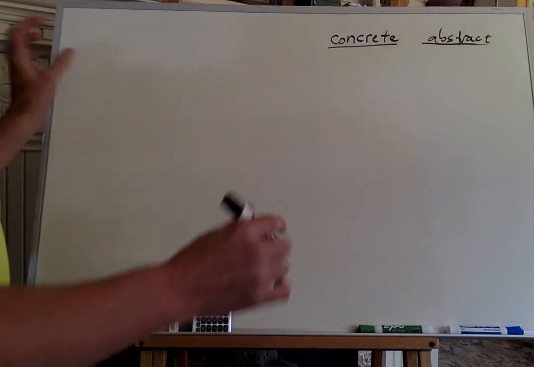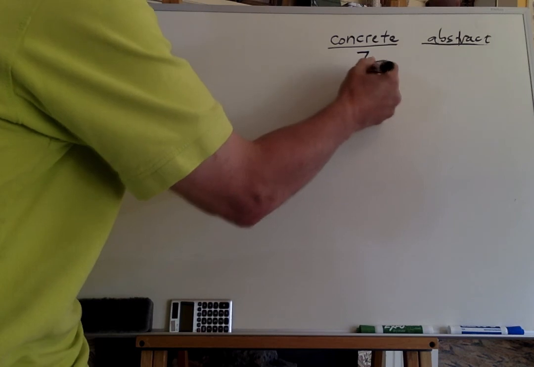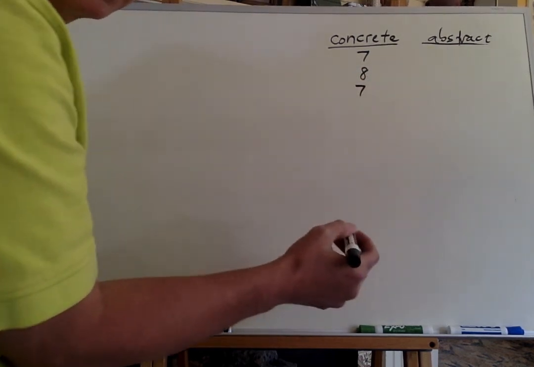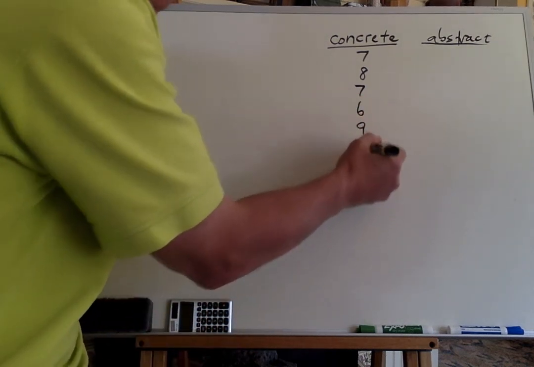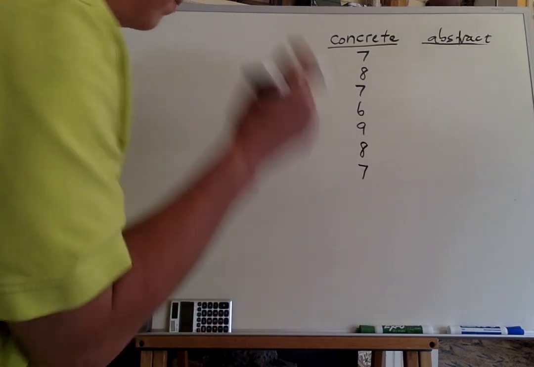how many of the words they remember. So let's suppose that for the concrete words, we see these kinds of recall numbers: 7, 8, 7, 6, 9, 8, and 7. All right?